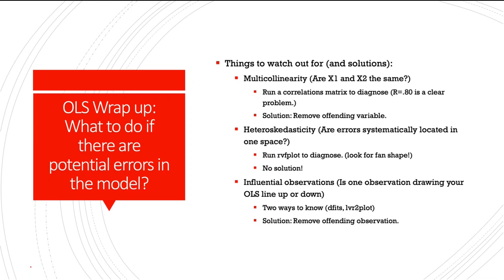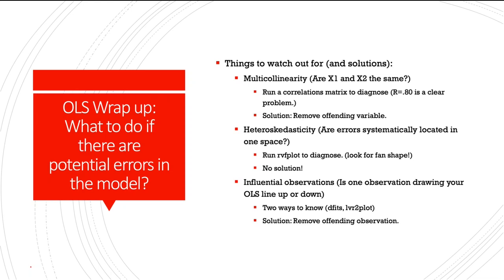Well, the problem here for our purposes in this class for Political Science 310 is we really don't have a solution that's easy for this particular problem. I like to consider this data cancer. It is the end. You can identify that you've got heteroscedastic error, which means that there's some systematic error issues in your regression model. You can think a little bit about what you might be missing in the model, what you should have included, those sorts of things, but there isn't really a technical solution that we address in this class.